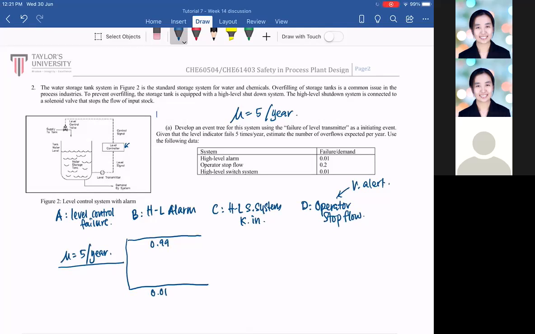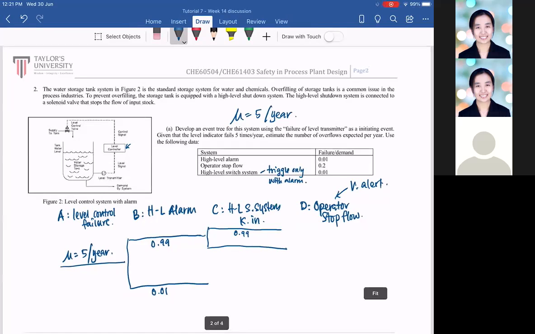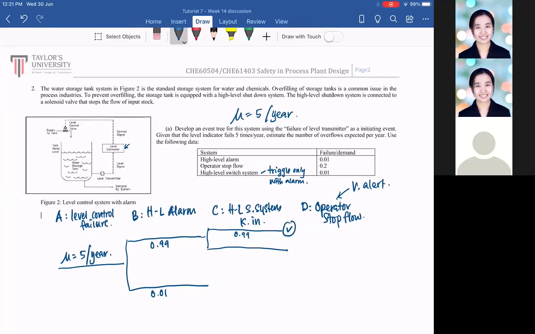Okay, so when it comes to the next system, remember just now we mentioned this high level switch system triggers only with the alarm. So when the alarm kicks in, this system kicks in. So 99% of the time it triggered, it will switch it off. So the system is safe. You won't have the overflow. But there is 1% of the time that it failed.